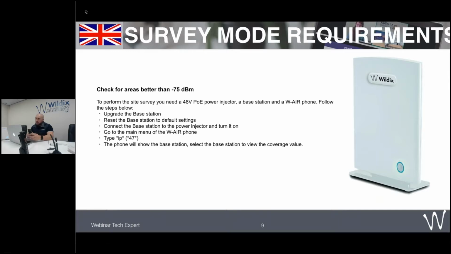I wouldn't have any issues with it. When it comes up with the RSSI, the received signal strength indicator, I know that I'm in a good signal area. When it gets to -75, I know that's where I'm going to need to put in another base station to ensure that I'm going to get good handover, or another repeater.